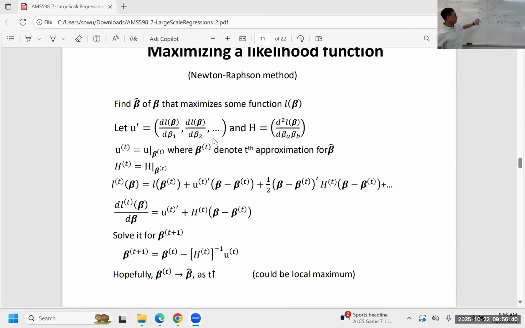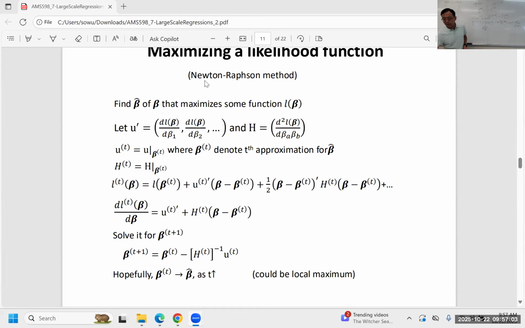On the left hand side, L beta is nonlinear. Now it becomes more like a quadratic form on the right hand side, right? So if you want to maximize it, you take the derivative with respect to beta.